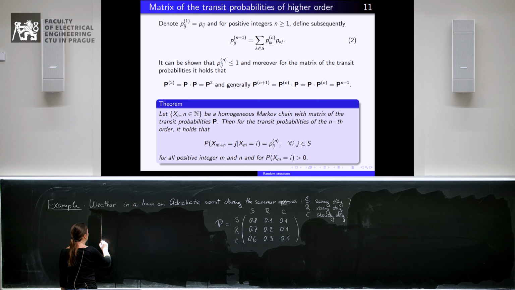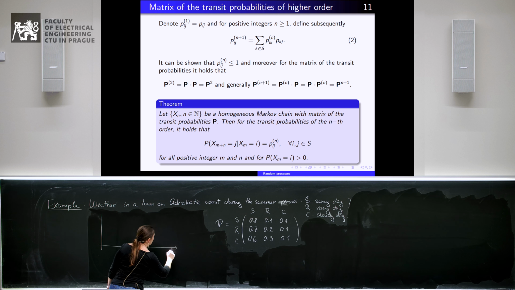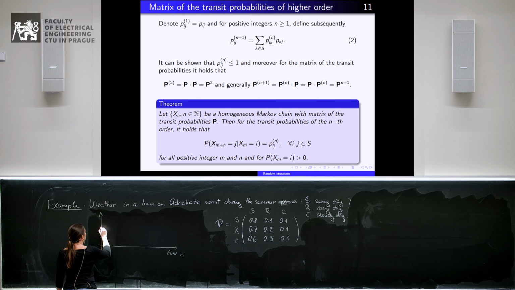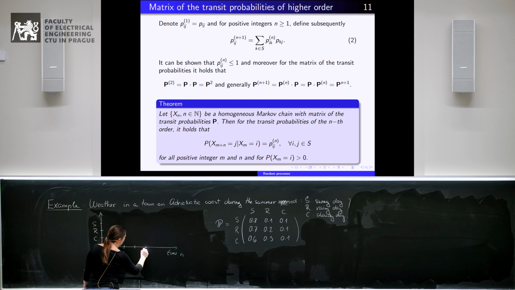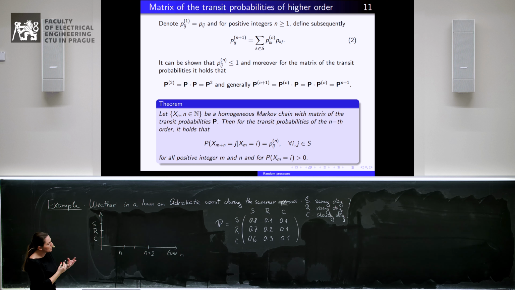Imagine the plot. Here we have the time n, and here we have the three types of weather. And we care about the changes, about the transit probabilities in two steps.